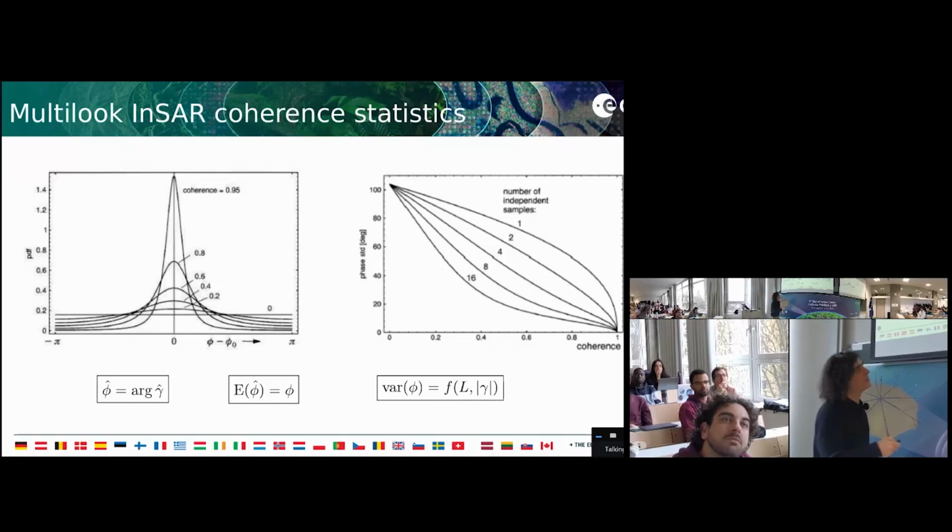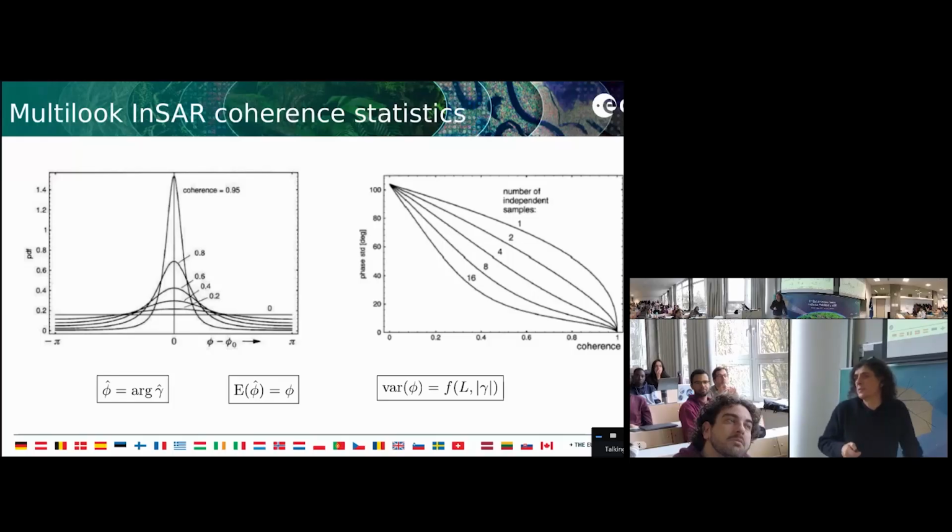When the true coherence is equal to 1, you don't even need to filter. The phase you measure is the right one. But when the coherence goes down, let's say to 0.5, you have a standard deviation of more than 60 degrees. 60 degrees is a lot. If you convert it to height, you see that you are making a fantastic error in height.